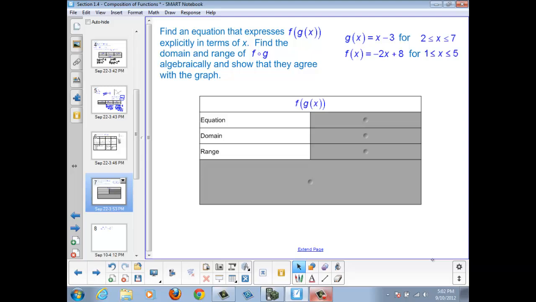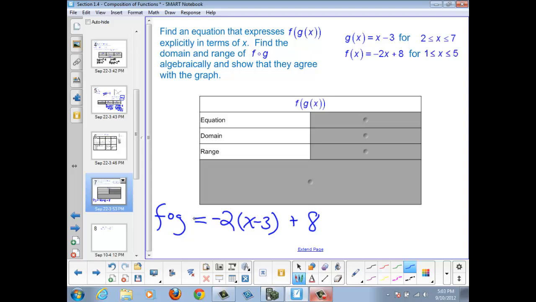All right, so the equation, we follow the process. We plug g of x, x minus 3, into f of x. So we take f composite g, we take negative 2, and the x in f we replace with the information from g. So x minus 3 replaces the original x plus 8.